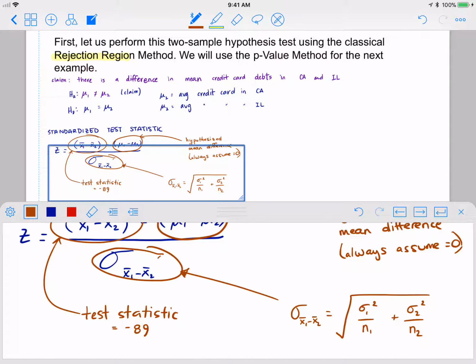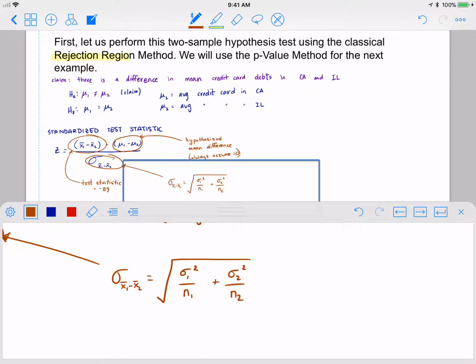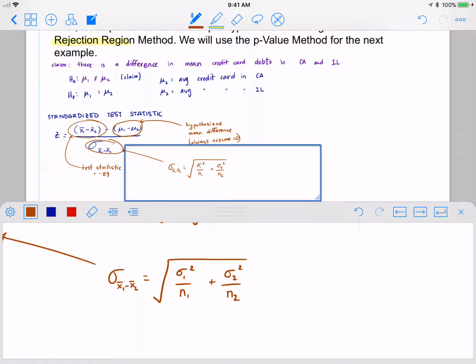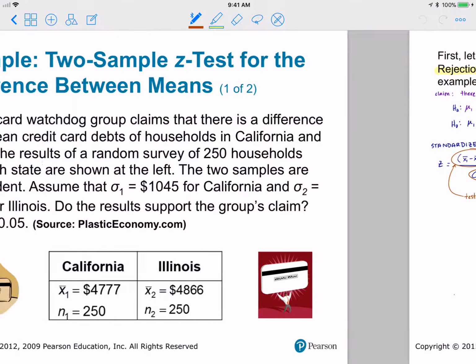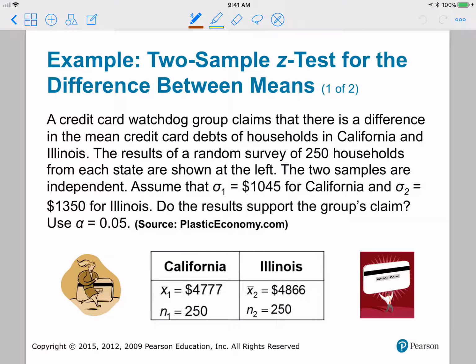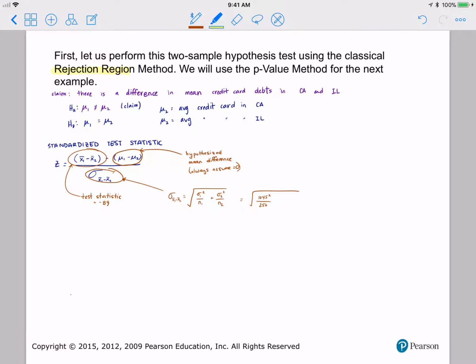If we fill this in, sigma 1 squared is 1045 squared, and n1 is 250. Sigma 2 is 1350, and n2 is 250. So that's how I'm doing this.